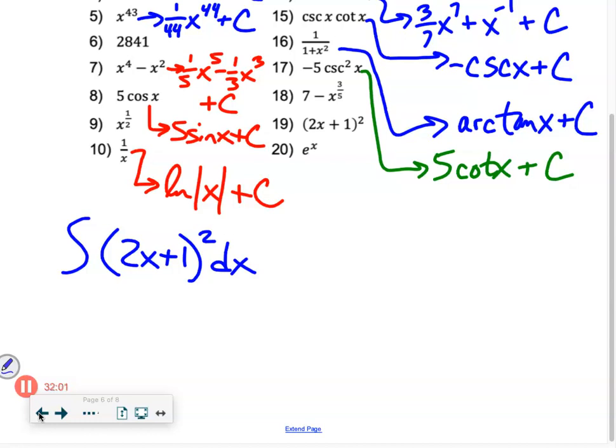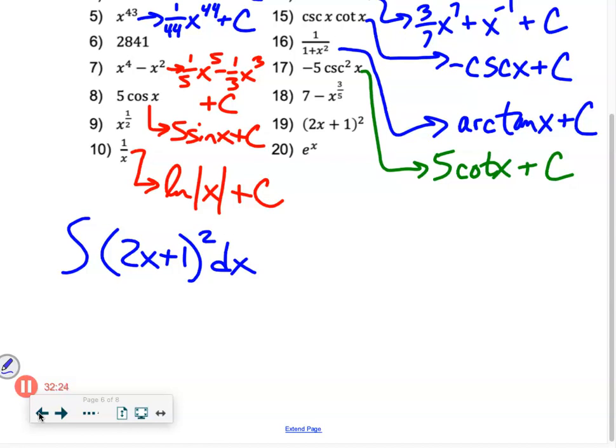Every integral that you do, unless it's a known function, like the 1 over 1 plus x squared, right? Apart from that, every integral that you do cannot have a product or a quotient or a chain in it before you integrate. Now, eventually, you will learn other methods for figuring those out.